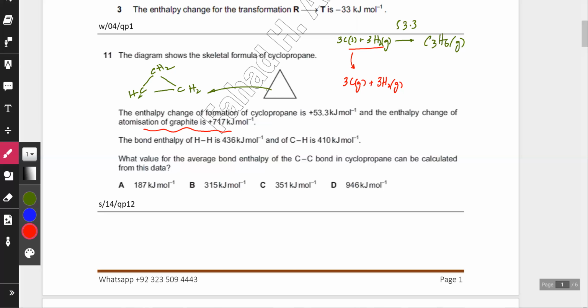So in this path over here, the only thing that's changing is the carbon solid getting converted into carbon gas, right? And the value is given as 717, and you're going to multiply it by 3 because you're doing it for 3 carbons. Enthalpy change of atomization is for one carbon. It is when a solid element or whatever element in its standard state turns into gas.